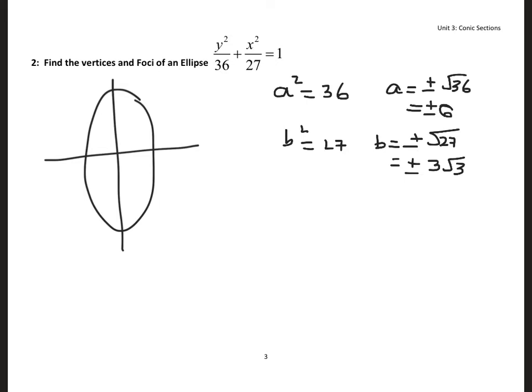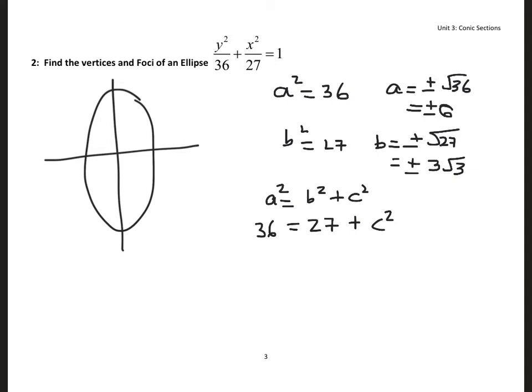Okay, now let's find c. A squared is equal to b squared plus c squared. So b squared is 27, plus c squared, and a squared is 36.